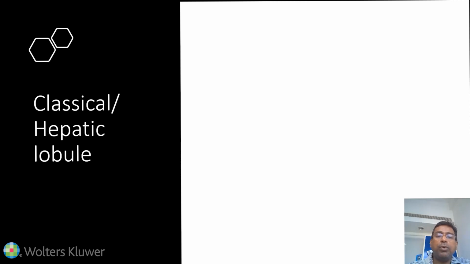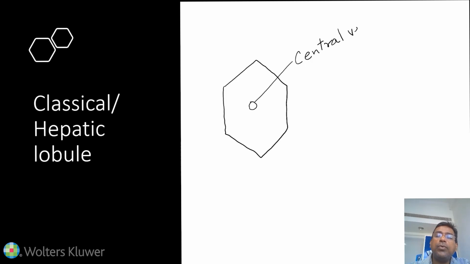Each lobule is hexagonal in shape, having 6 angles, and in the center of the hepatic lobule is the central vein, and at the 6 angles of this hexagonal unit there are 3 tubular structures.